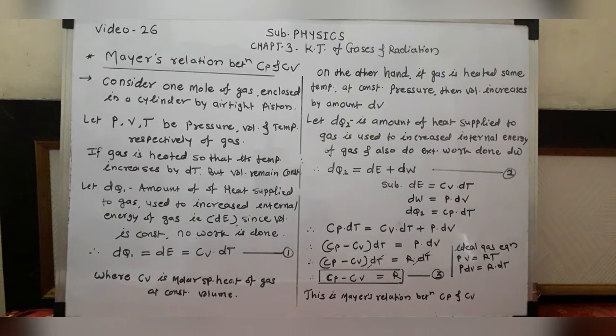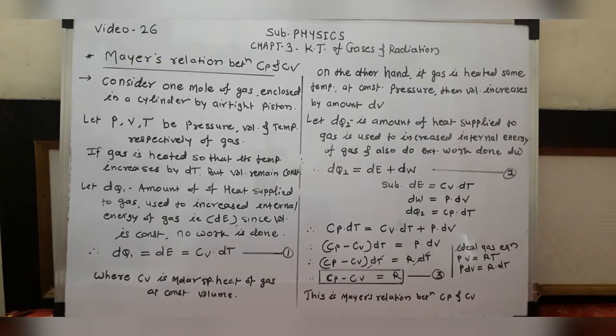First we define these two specific heats: the specific heat at constant pressure, that is Cp, and the specific heat at constant volume, that is Cv. What is the definition? First, Cp: the quantity of heat required to raise the temperature of unit mass of the gas through 1 degree Celsius or 1 degree Kelvin by keeping the pressure constant is called Cp.